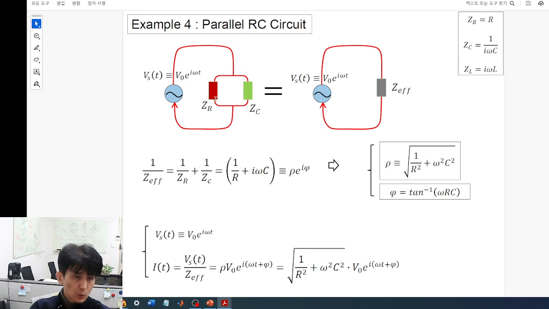Same thing happens for a situation where the resistor and the capacitor are connected in parallel.